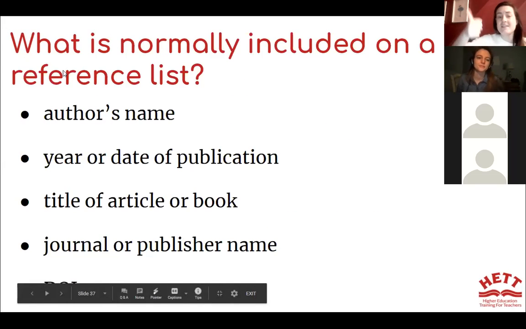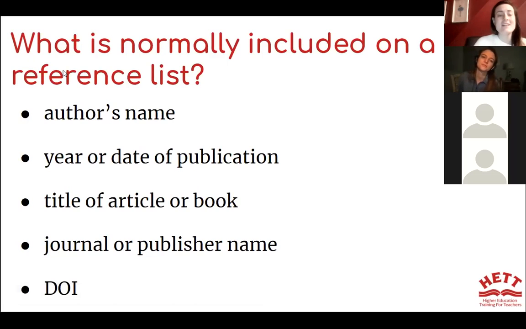So the author's name or names, year or date of publication, maybe the publication house if it's a book, title of the article or the book, journal or publisher name, and the DOI.